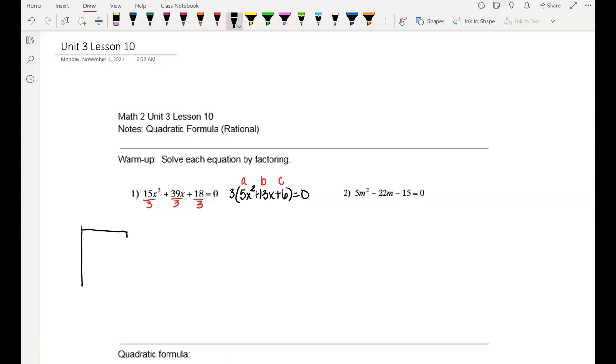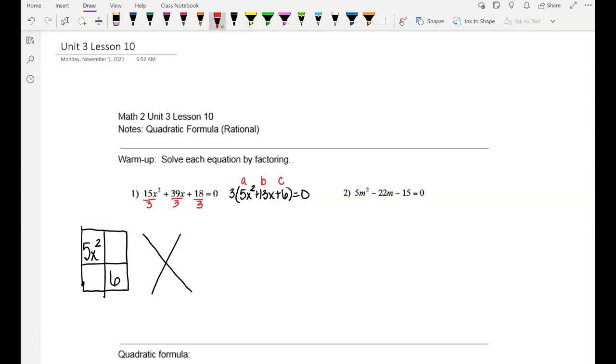Draw my box. 5x squared goes in the upper left, 6 goes in the bottom right. By this point, if you can't even do that, then we need to seek out additional help, because all that is doing is pulling from the equation. You're not doing any math there.